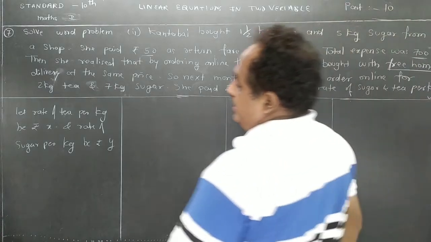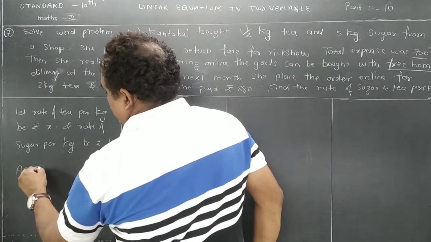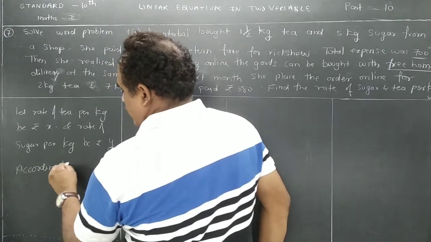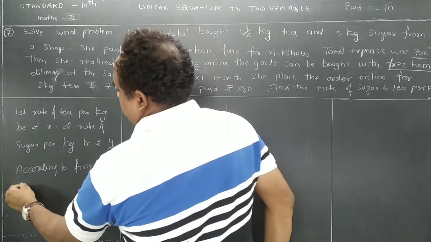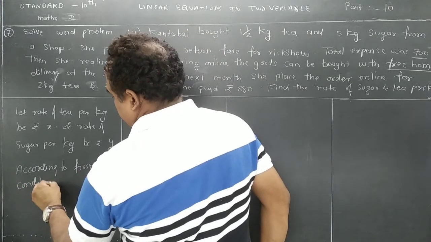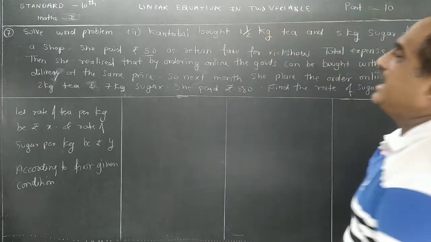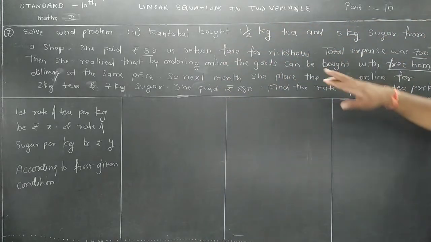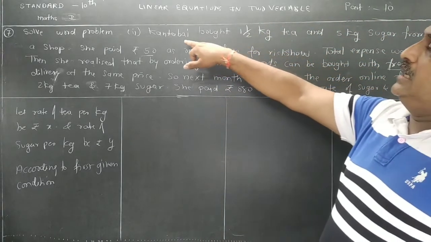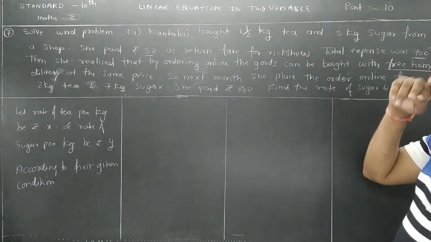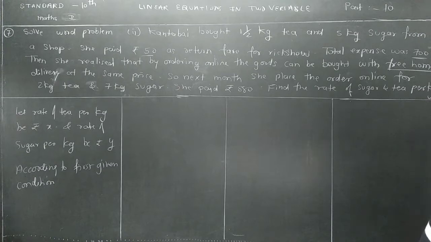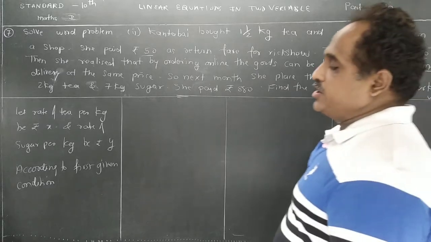Now we go according to the first given condition. What have they given? Kantabai bought 1.5 kg of tea and 5 kg of sugar, and she paid 50 rupees rickshaw charges. Is it right? So what are you going to write there?